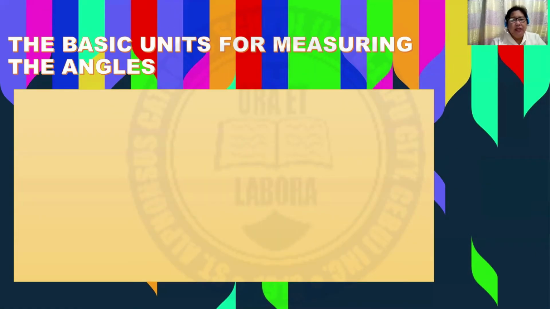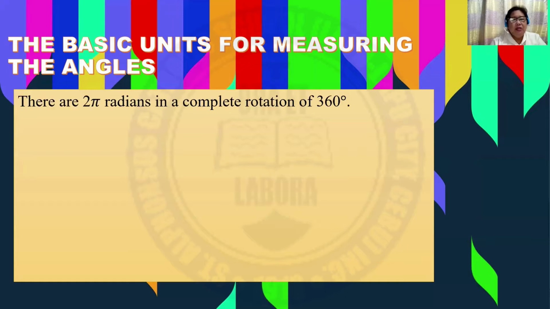Let us have first the derivation of the conversion unit in expressing a degree measure to radian measure or radian measure to degree measure. Let us recall the circumference of a circle, which is 2 pi r.